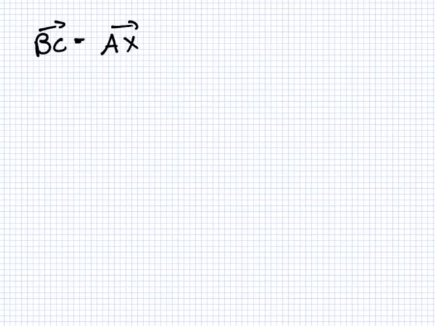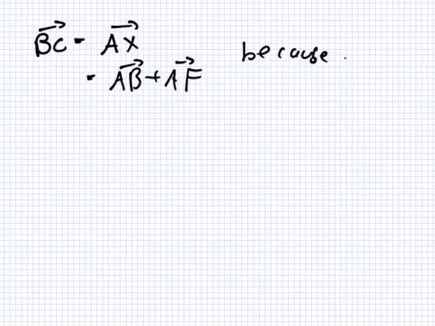They're parallel because they both make what angle with the ground? 60. But if you look, AX is just AB plus AF. Now, what rule am I using to get that? Because of the parallelogram rule from the last lesson. And that's the finish for the first one.